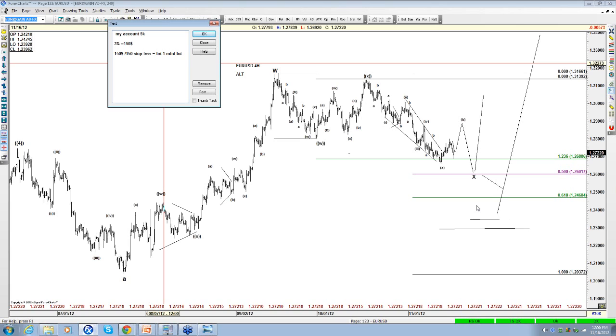Now, what people make the mistake of is that they want to take a long daily with a 5,000 account with the same size as if we're taking a 15-minute trade. You see, Naomi, that's how you do it.